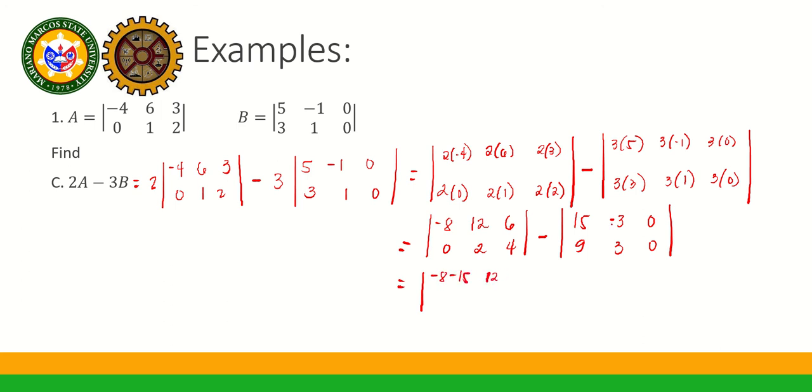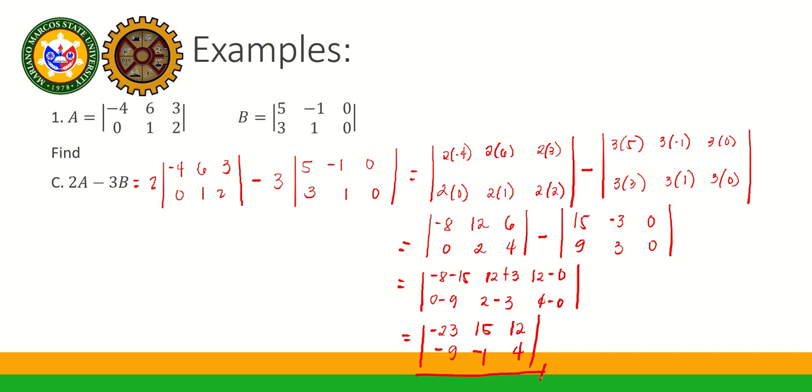Tapos, 12 minus -3, that is positive 3. 12 minus 0, 0 minus 9, 2 minus 3, and then 4 minus 0. So, simplifying, we have -23, 15, 12, -9, -1, and this is 4. So, this is the answer for example letter C. Okay, so that is how you add and subtract matrices.